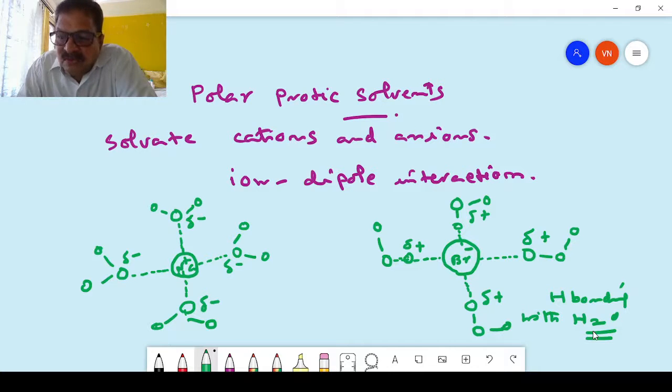Now, polar protic solvents and nucleophilicity: how do they decide the nucleophilicity?